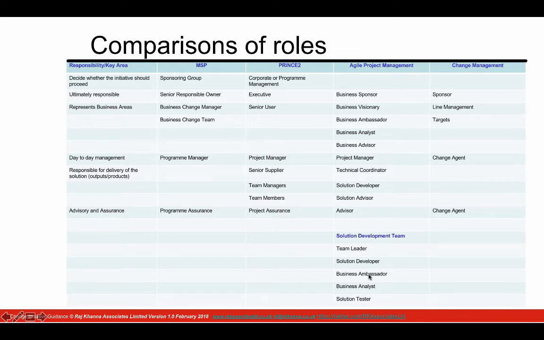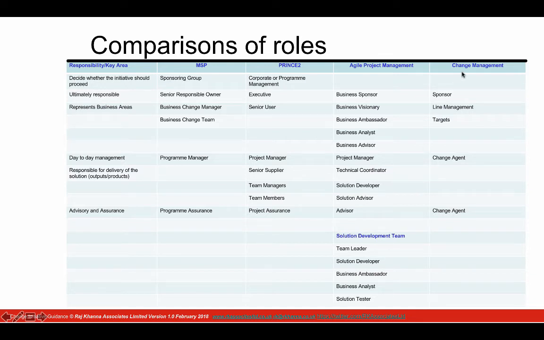So the business ambassador is specifying in detail what they would like. The business analyst is identifying whether that solution will work. And the solution developer is then developing what the business needs. So they're actually working in close proximity to each other. And any time the developer has a question, they go to the ambassador. And then, as we said, you have a solution tester. So that's within Agile.